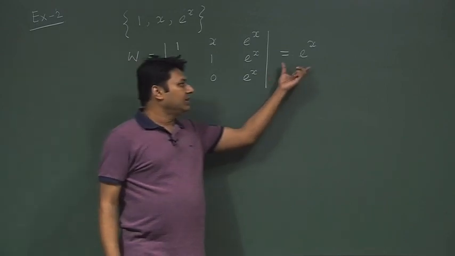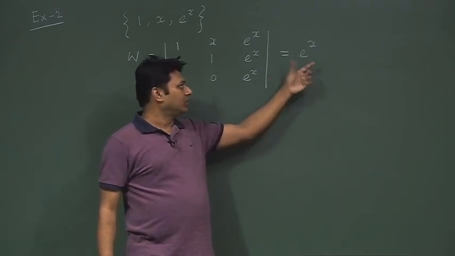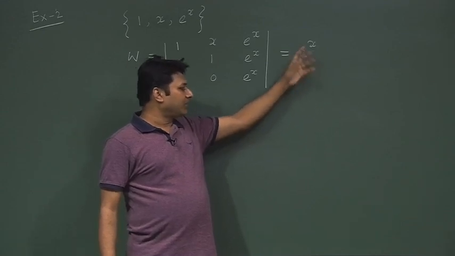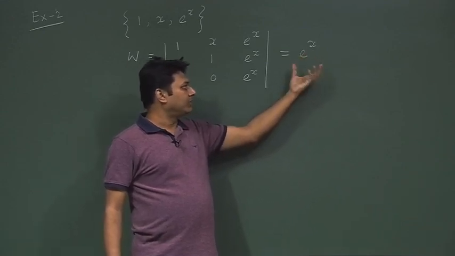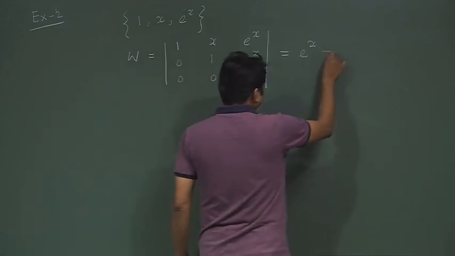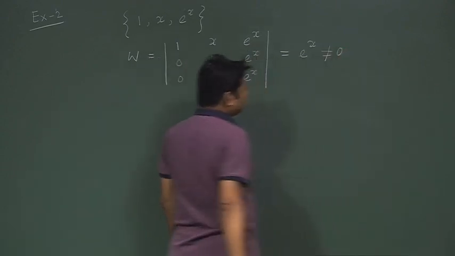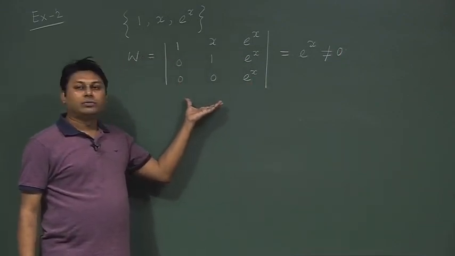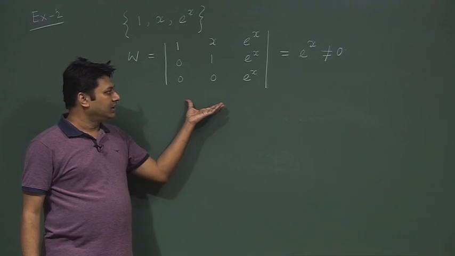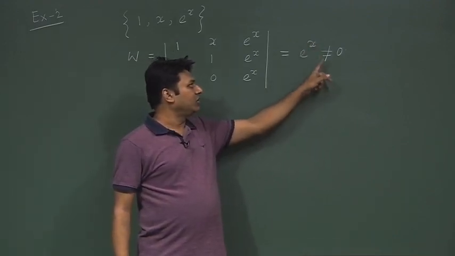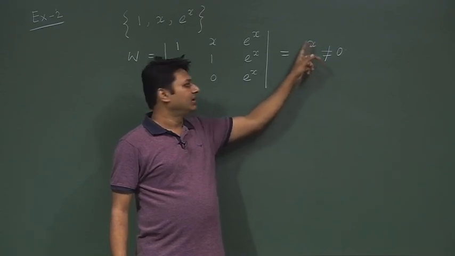Now, obviously, it is not 0, because it is e to the power x. Second thing, even if I have some other quantity which is a function of x here, I can consider it as not equal to 0, because the determinant has to be 0 uniquely, without putting any particular value in x. If it is a function of x, it will not be 0 for any value of x.